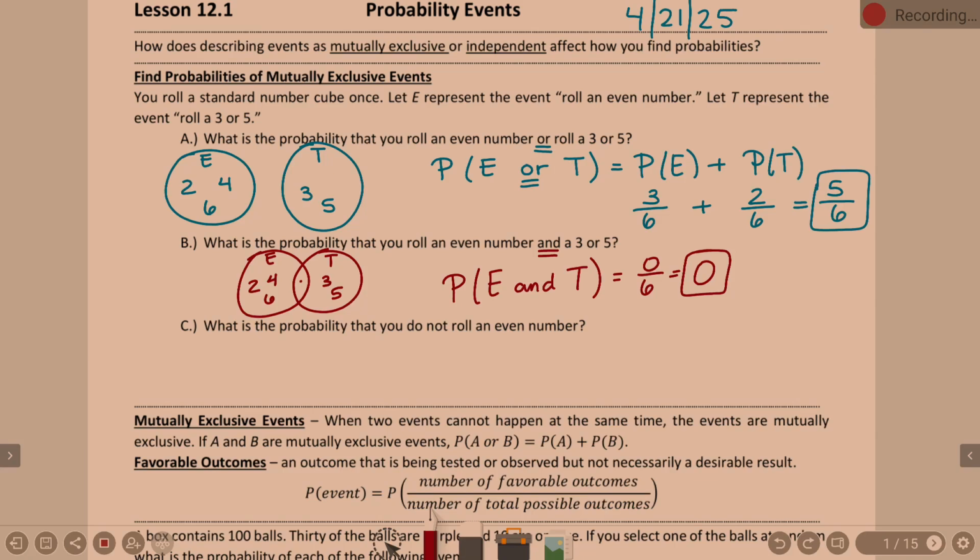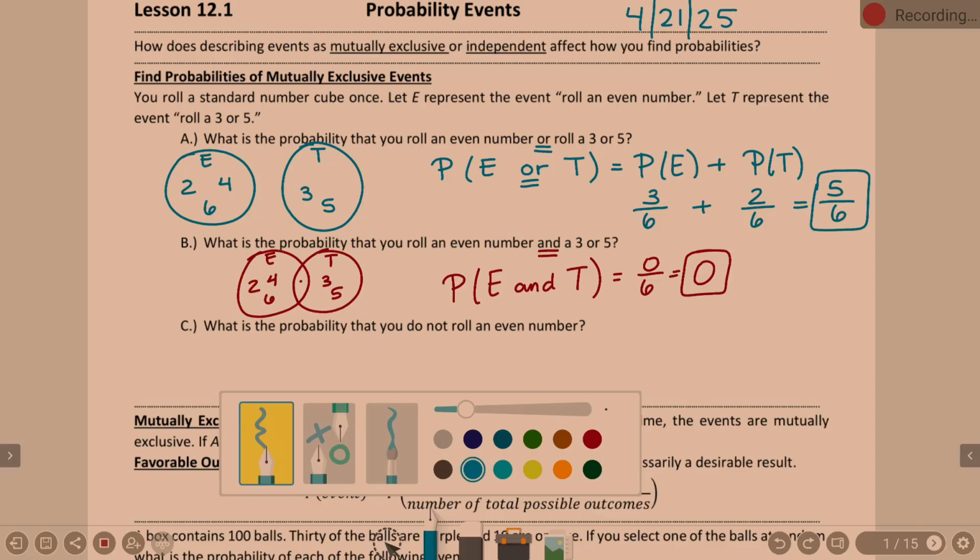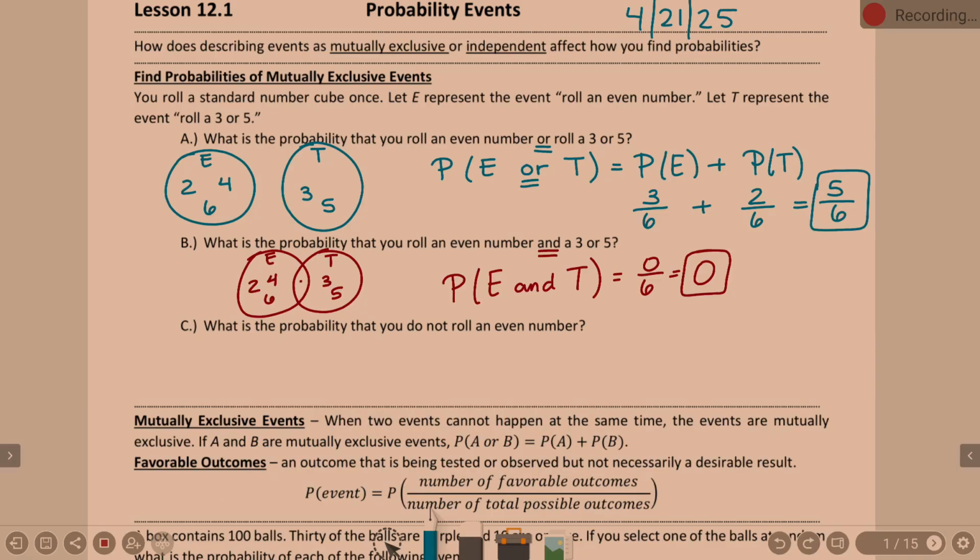And one more change up. C. What is the probability that you do not roll an even number?